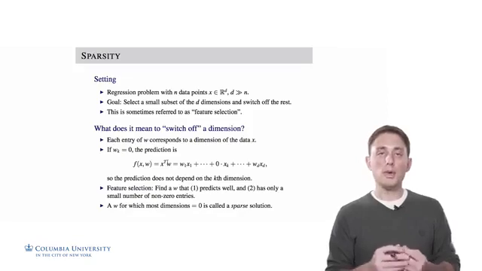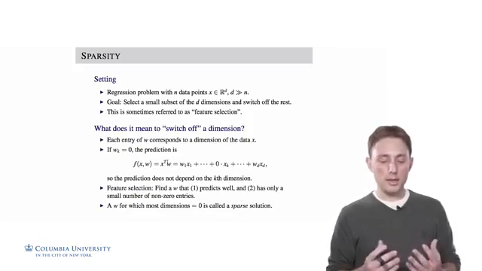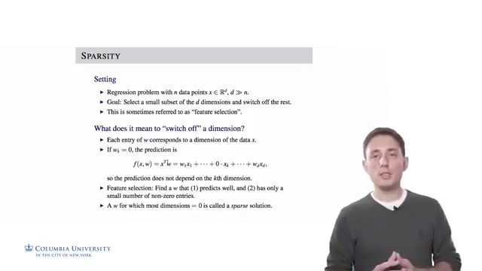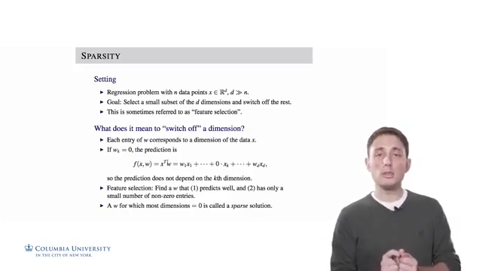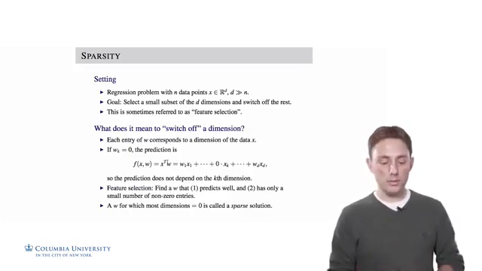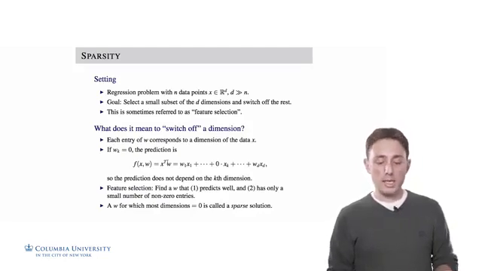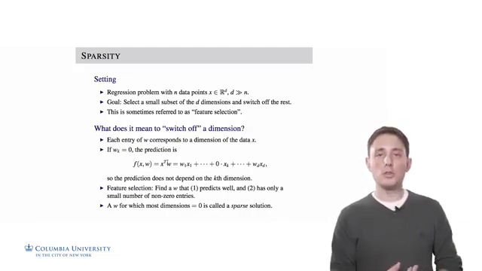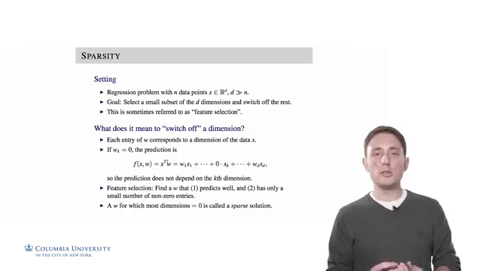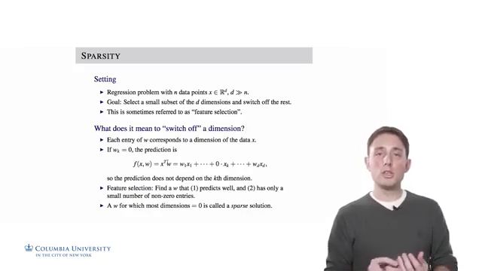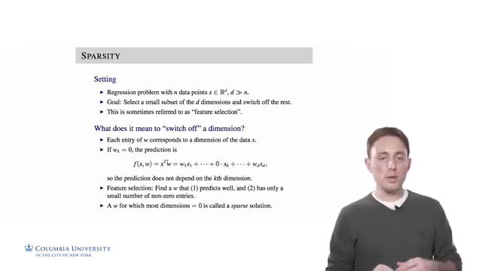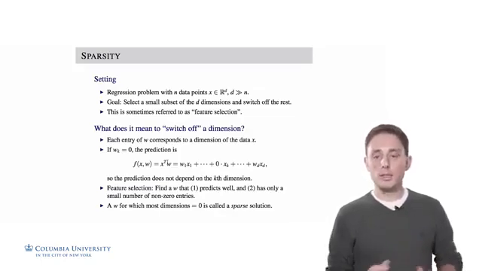So we want to make the entries of W that have non-zero values as small in number as possible while still predicting well. And the solution W that satisfies these is going to be called a sparse solution. So this is what sparsity is trying to do. It's trying to find which dimensions of our regression coefficient vector W should be equal to 0 and which ones should not.